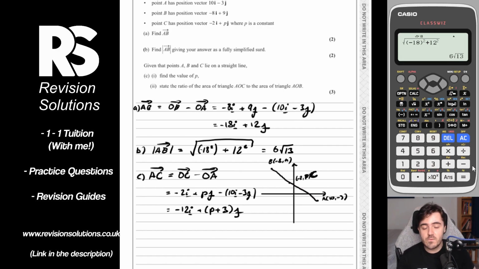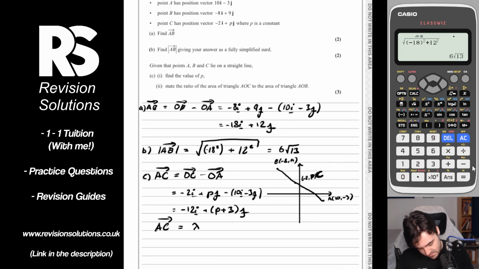And then we know if two vectors are parallel, they must be multiples of each other, linear multiples of each other. So what we can say then is AC must equal some scalar constant, we'll say lambda, times AB.